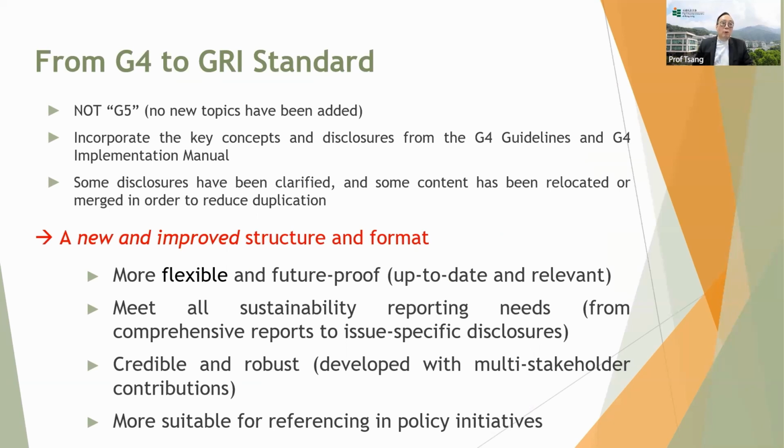Now, there's an old version of this standard called G4. And then this new one is not a G5. Instead, this is an enhanced or modified G4. And in this reporting system, next slide.